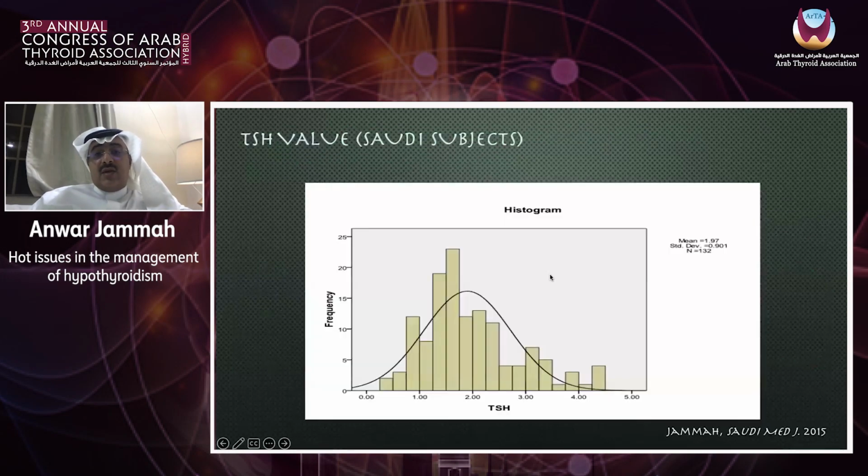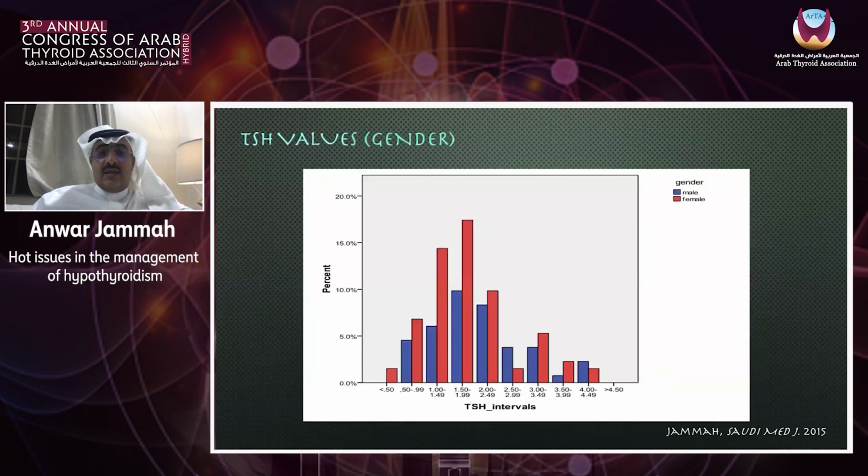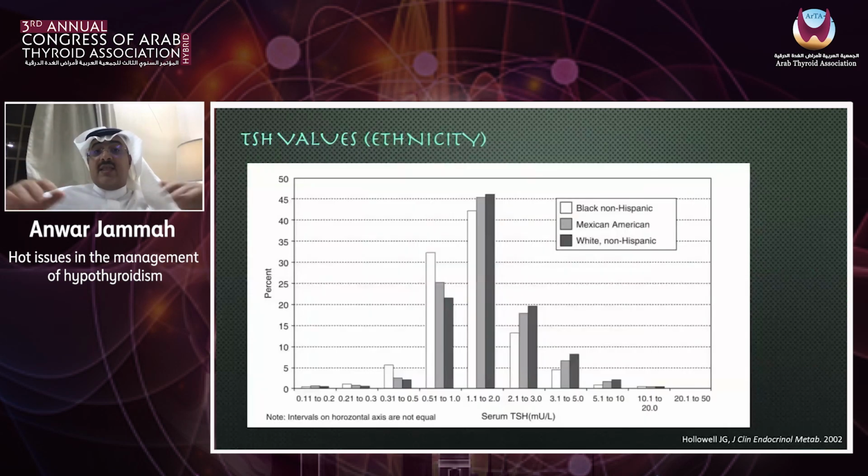Okay, so this is the histogram showing the TSH level, and this is showing the age in Saudi subjects. This is showing the gender, female and male, and you can see the diagram, or the dome, is the same. Also with ethnicity, it's the same.